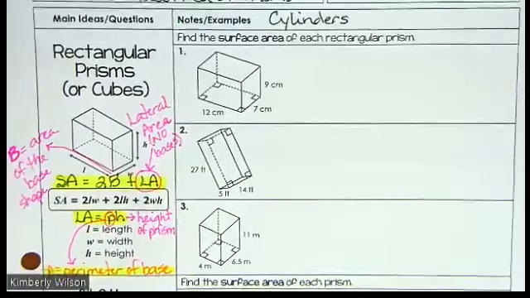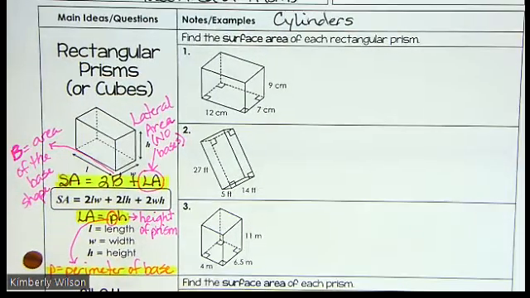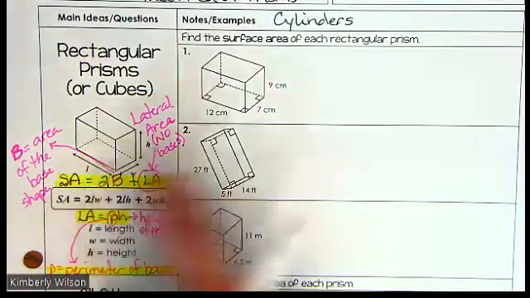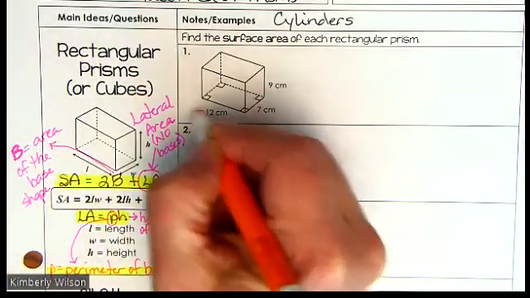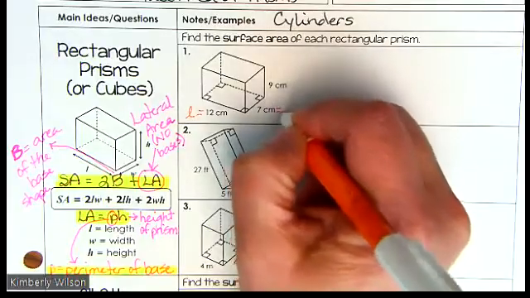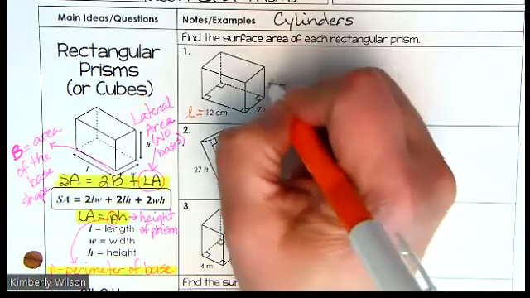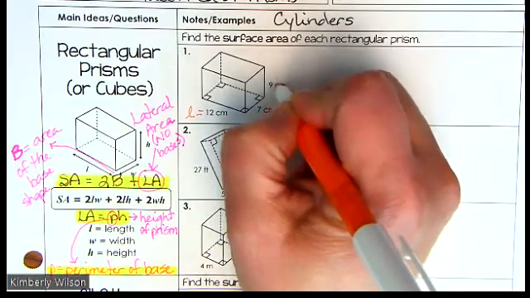First thing I'm going to do is go through and label the information on my figure, okay? So according to my diagram here, this number right here is representing my length. The 7 is representing my width. The 9 is representing the height.